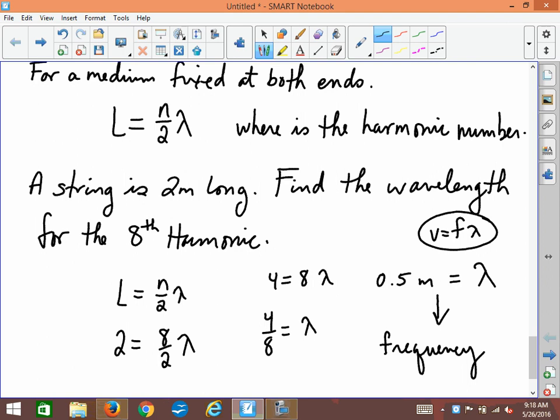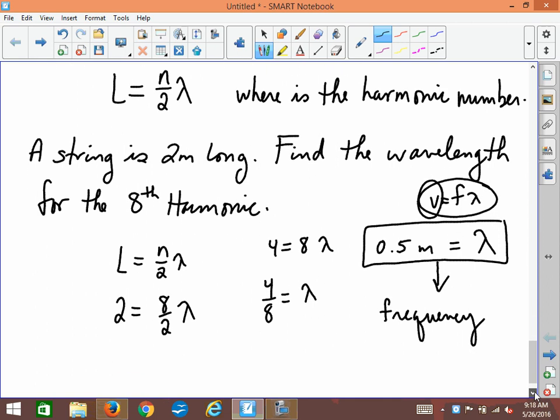And it could be different for different kinds of strings and different conditions. But in a situation where the speed is not changing, two identical strings under identical conditions, then this would be the wavelength for the 8th harmonic.